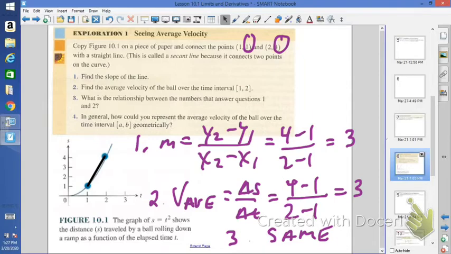In 4, it says in general, how could you represent the average velocity of the ball over the time interval a comma b geometrically?